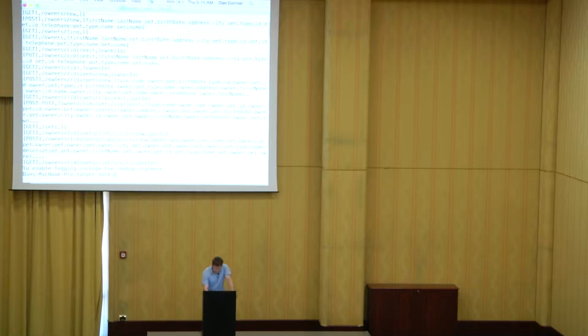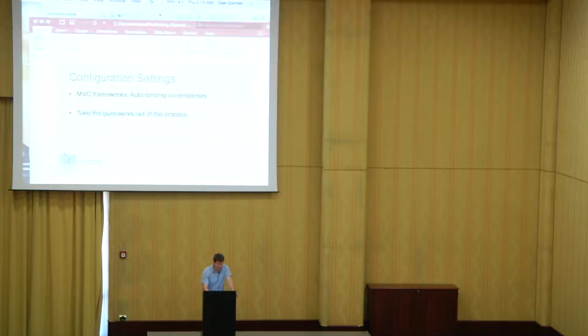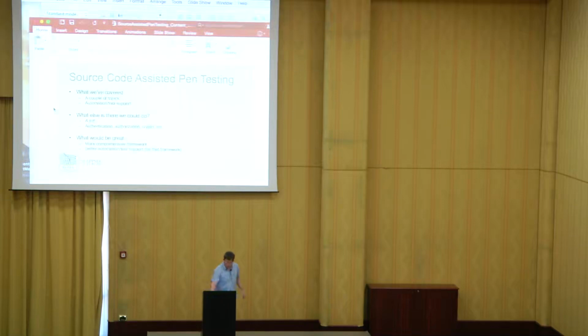Here you can identify the situations where you've got things like pet.birthdate, or you find longer ones here, owner.id.owner.pet.owner.firstname, right? If I'm looking at that, I can ask, do I really want this URL to let me set things that far down in the object tree? The answer may be yes, there's a good reason for that, or the answer may be no, there's not a great reason for that, and that's something that deserves further scrutiny.